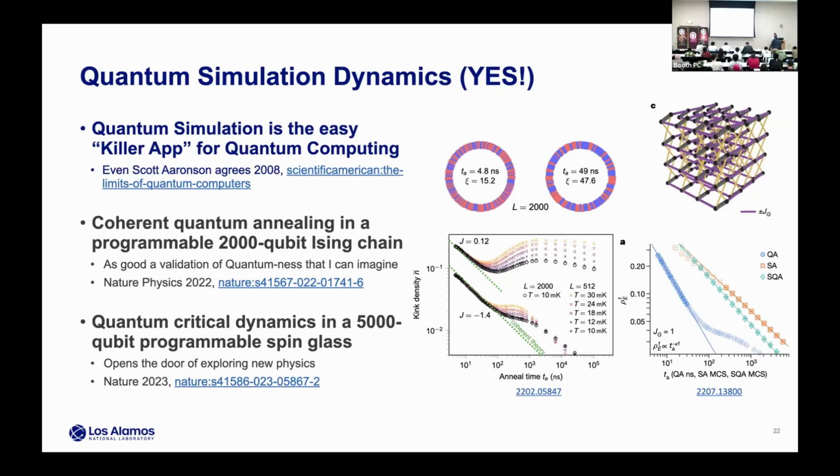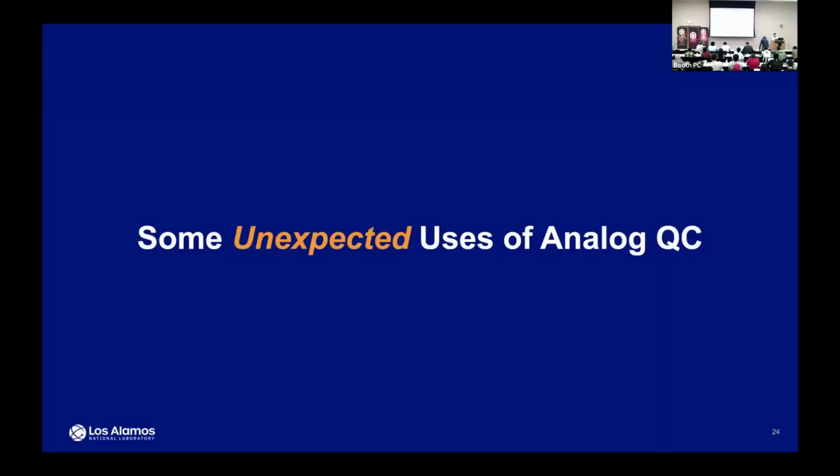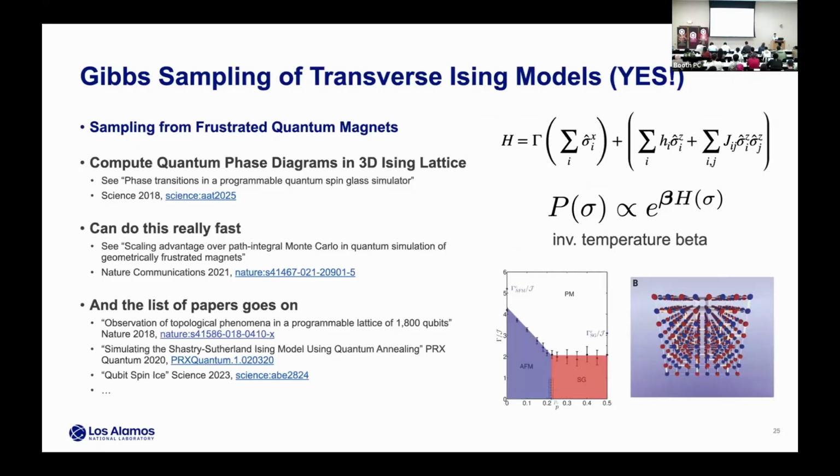But this is a good segue into my next question, which is these unexpected use cases. If your application goal is to sample from a thermalizing distribution, this computer is actually great for it, because the error which takes you out of the perfect quantum computation or closed system dynamics actually allows you to access these excited states. And there are applications where you want to see a spectrum of states at finite temperature.